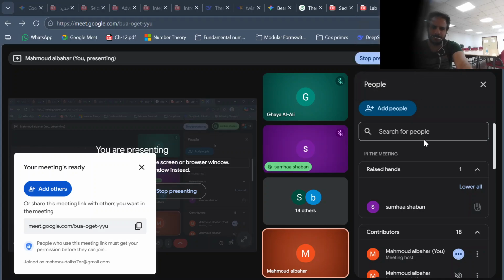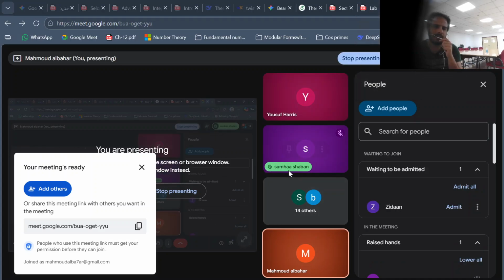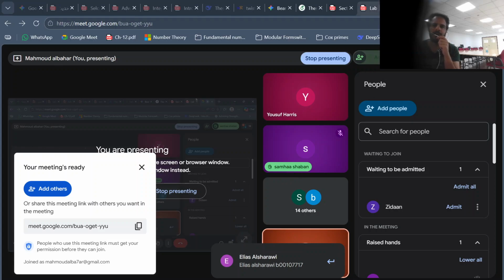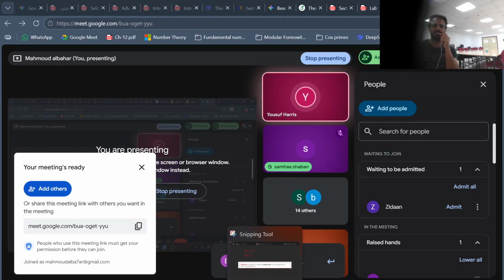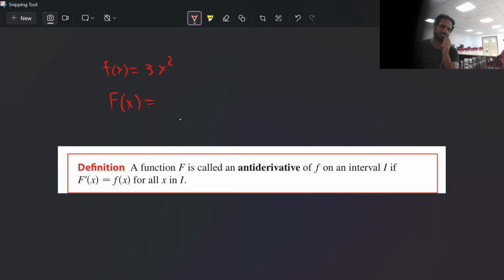Do you hear me? Yes. Yes, tell me. We can raise the power by 1 and then divide by the new power, so it would be just x to the power 3. Yes. So x cubed.